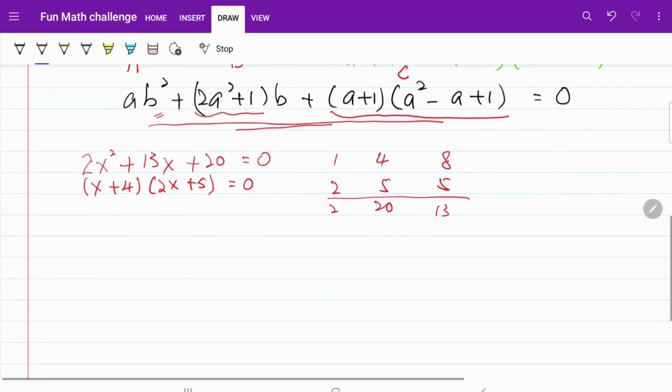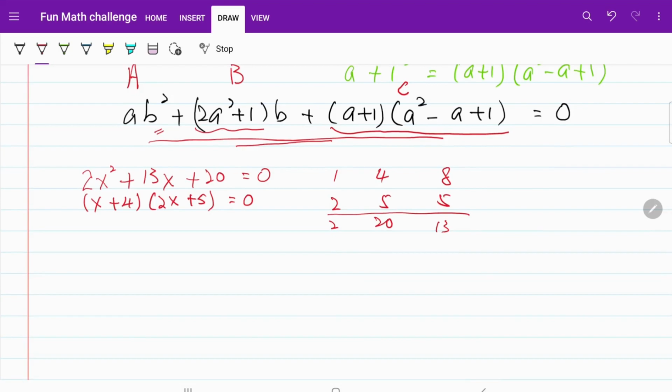So what I have now is 1a plus 1 and a squared minus a plus 1. If I do a cross multiplication, this becomes a squared plus a, and this will be a squared minus a plus 1.